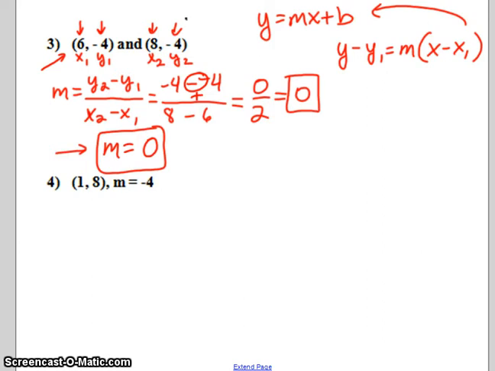How do we use it? We plug in our point. I'm going to choose this point because I already have it labeled, with an x1 and y1 right here. My y1 is negative 4, so y minus negative 4 equals m, which is 0, times x minus x1, which is 6.